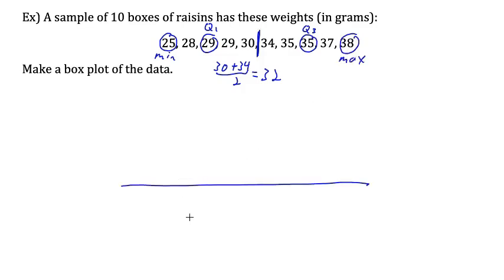It's important to set up a good scale that fits our data from our minimum to our maximum. I think I'll start at the number 24 and go up to the number 38. I'm going to go by ones, but I'm only going to label every other tick mark.